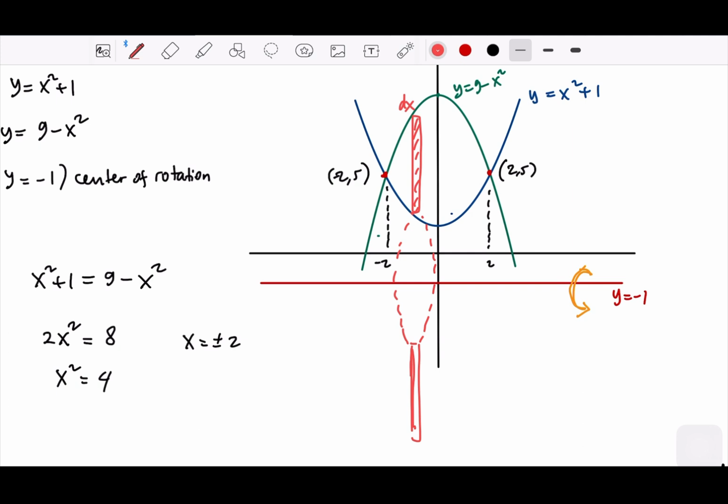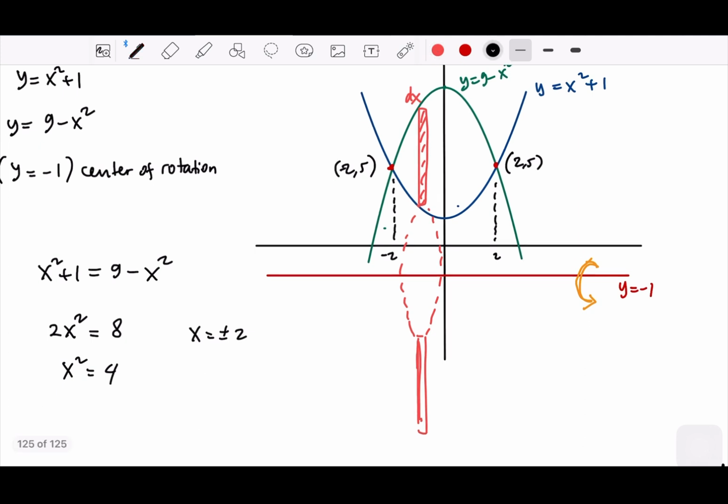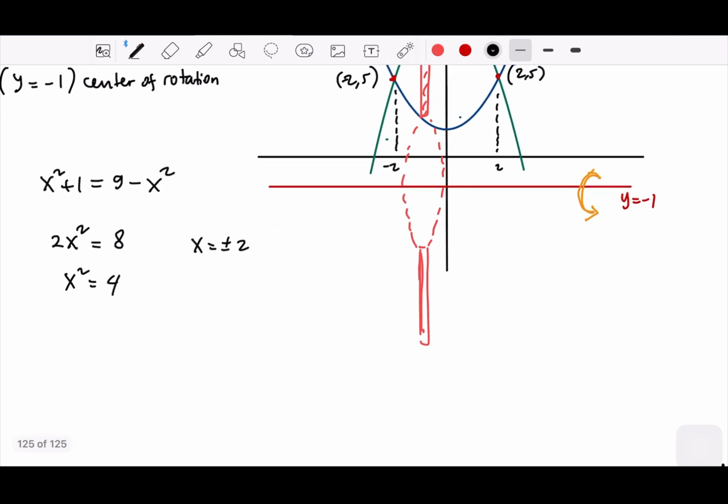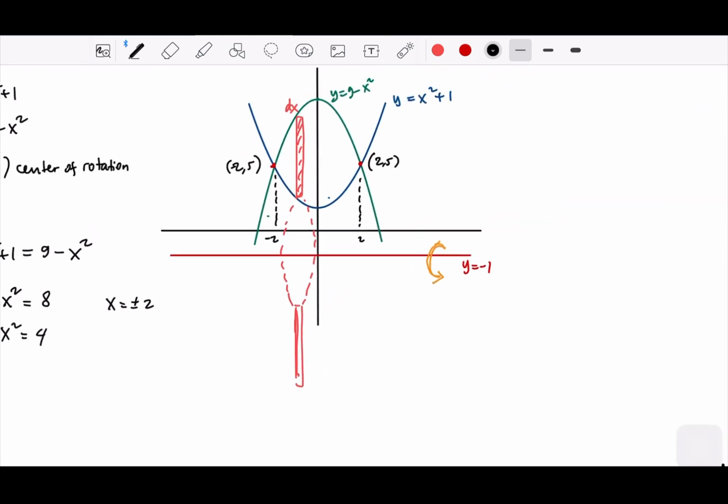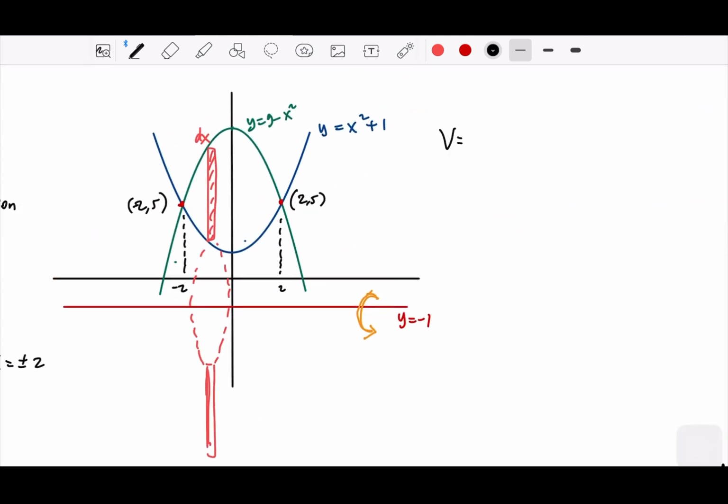So if you write the volume directly, the area is pi times r outer squared minus r inner squared.